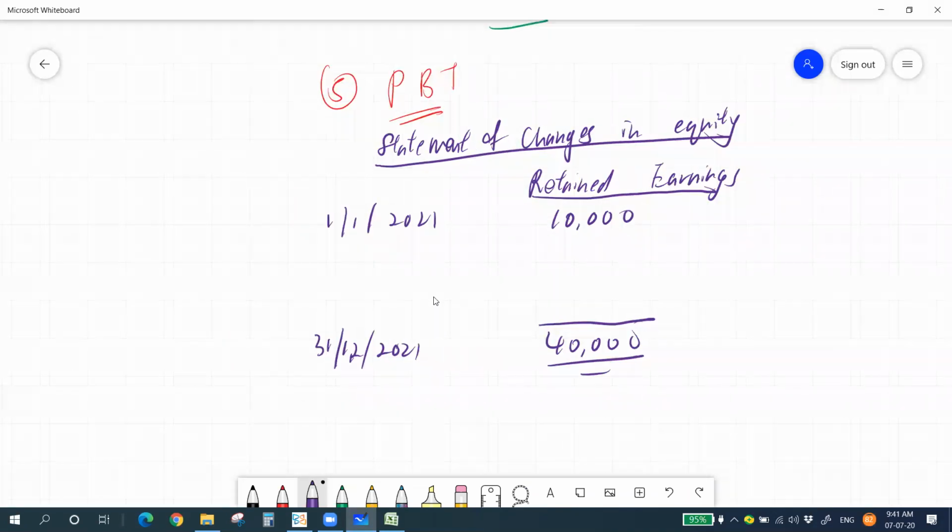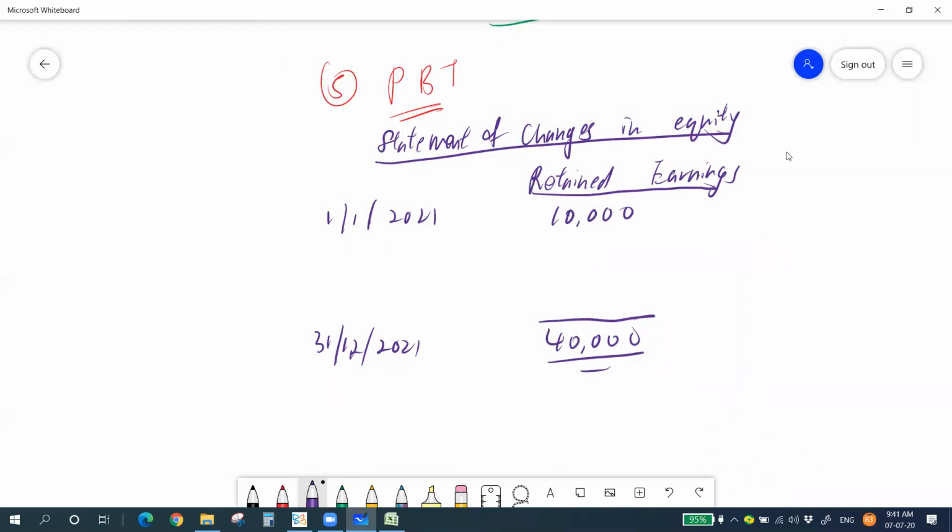So what are the possible transactions in your retained earnings? We will have dividend paid.